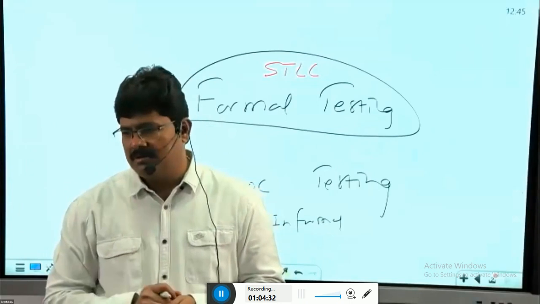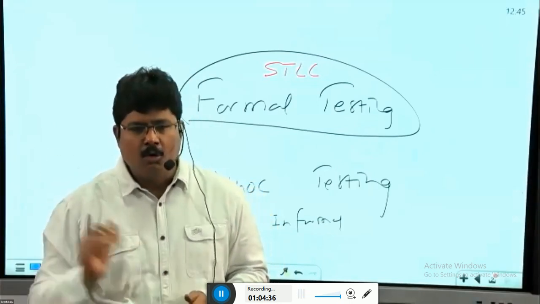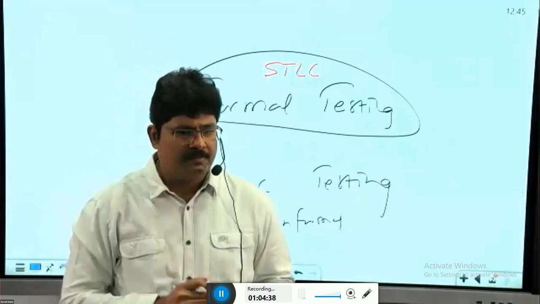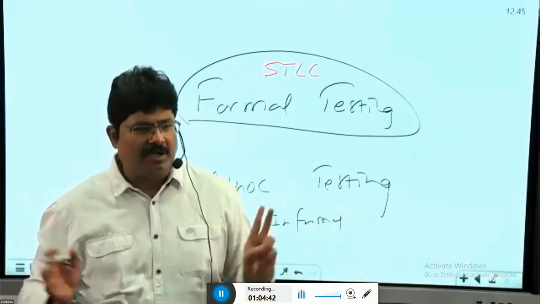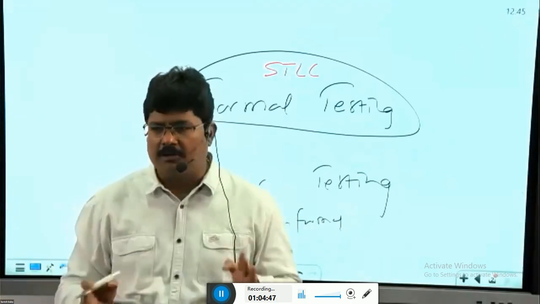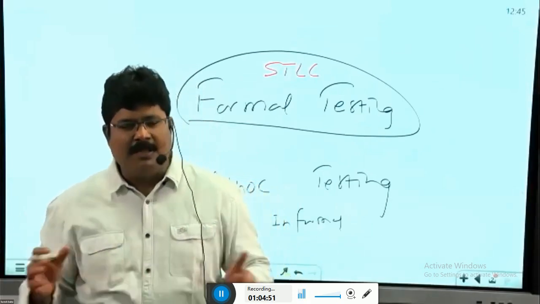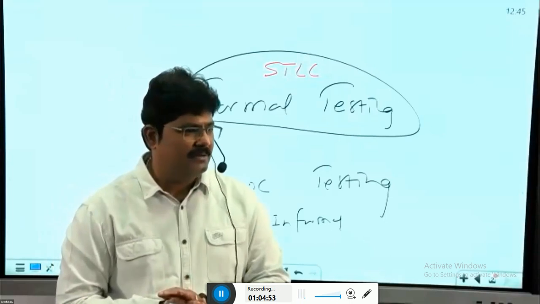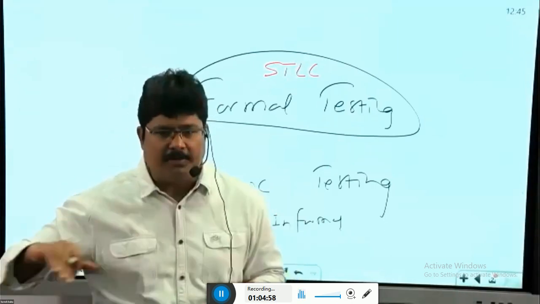The IEEE board, NASSCOM, QMS, there are some organizations who inspect your company process. What kind of setup you have, what kind of infrastructure, what kind of clients you are dealing with, what is the turnover of your company, what is your previous tax or business history, how many employees are working in your company. For every level, there are certain standards to be met.